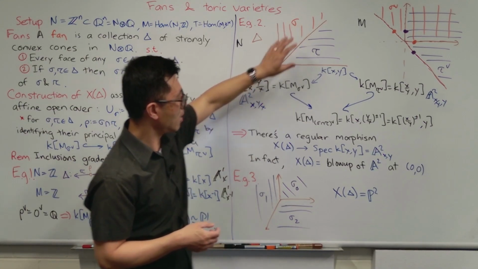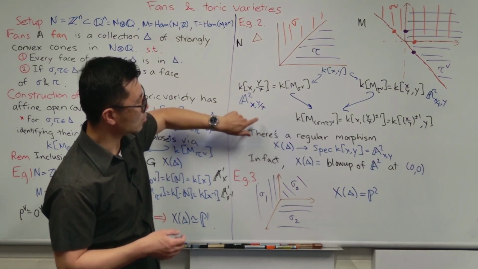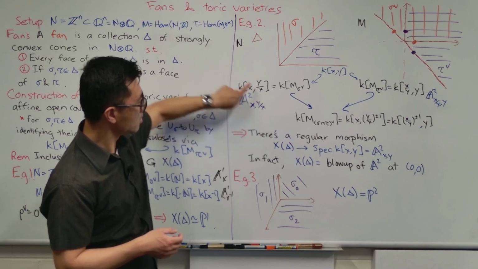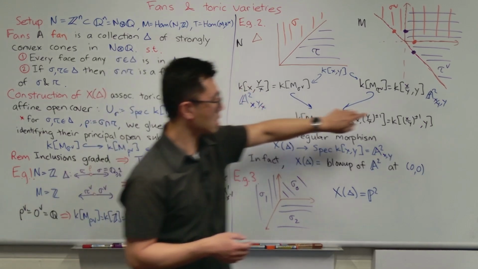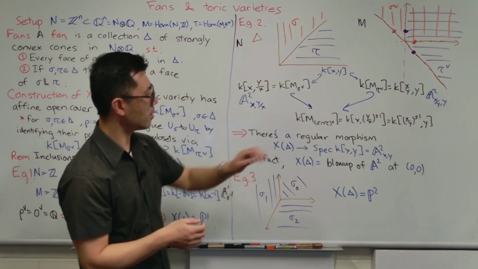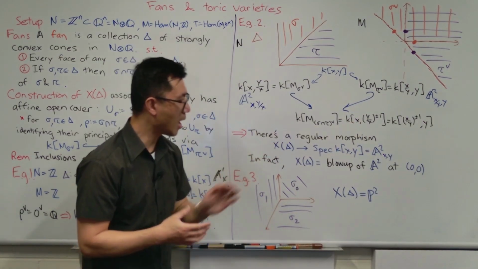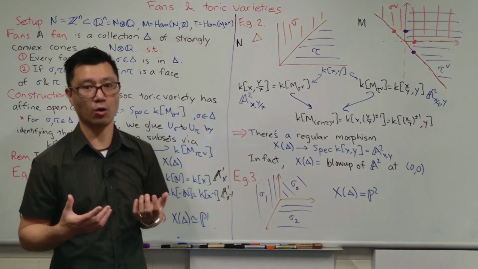And hopefully if you know your algebraic geometry, you would have seen this. That's how you construct the blow up. So you have this copy of the affine plane like this, and this copy as well for the other part, and you glue them together, and this is the gluing map that gives you what you want. And there you have it, how you do a blow up using toric geometry.